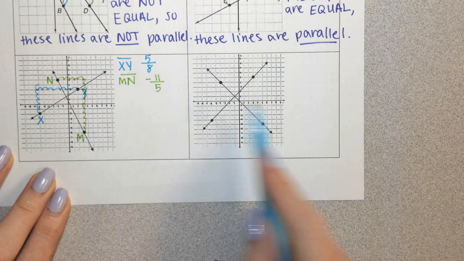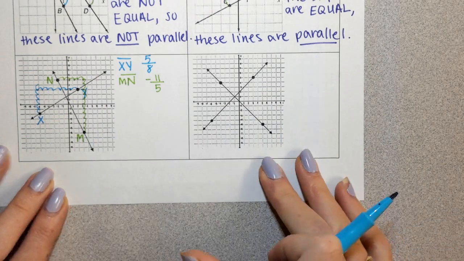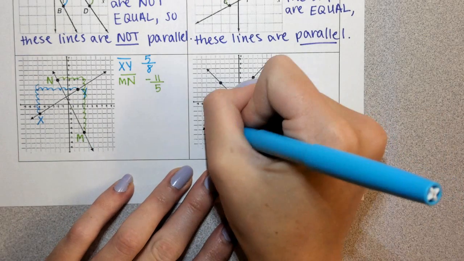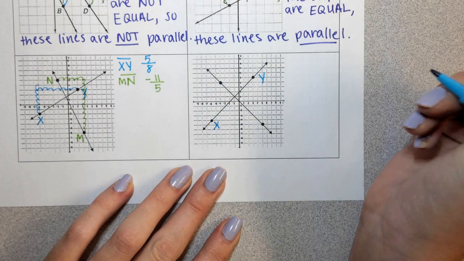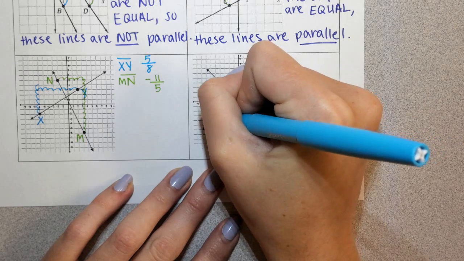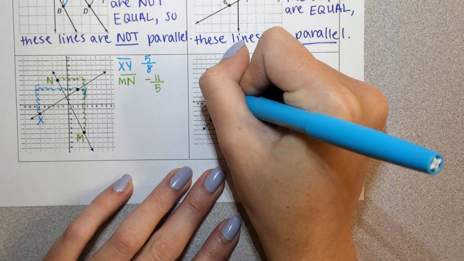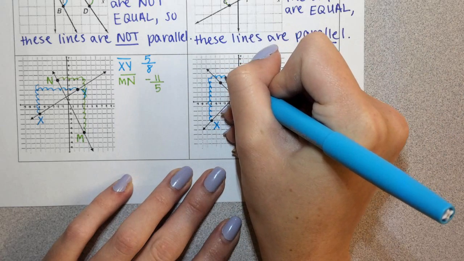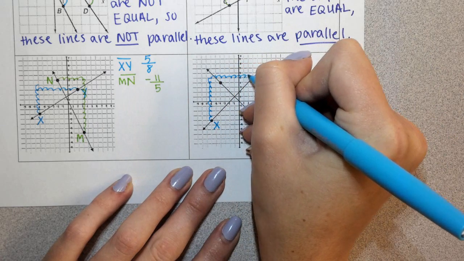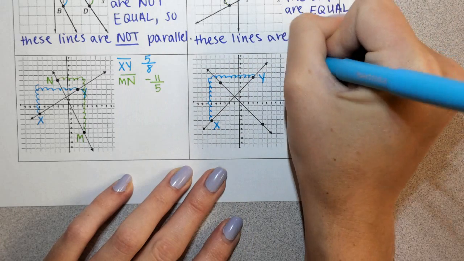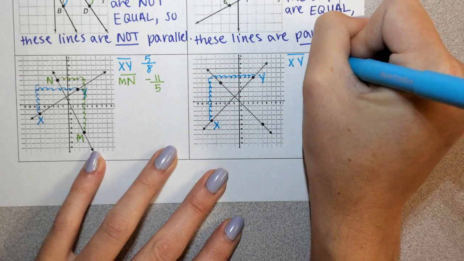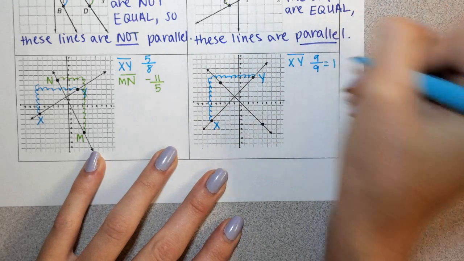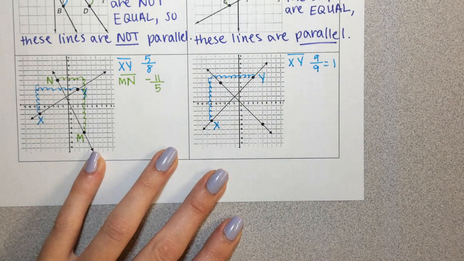Alright, looking at this next example before we talk about the lines. Again, I'm going to name this first line XY, and I'm going to count its slope as rise over run. For XY, I get a slope of 9/9, which simplifies to 1.